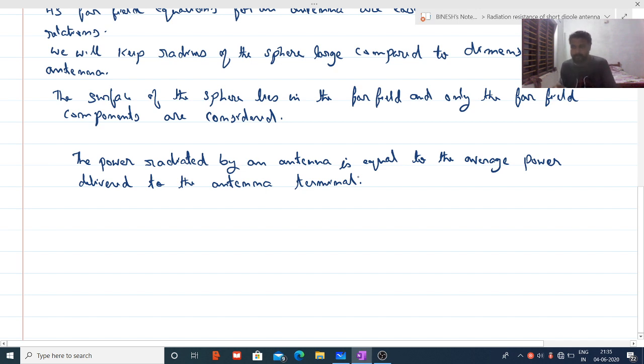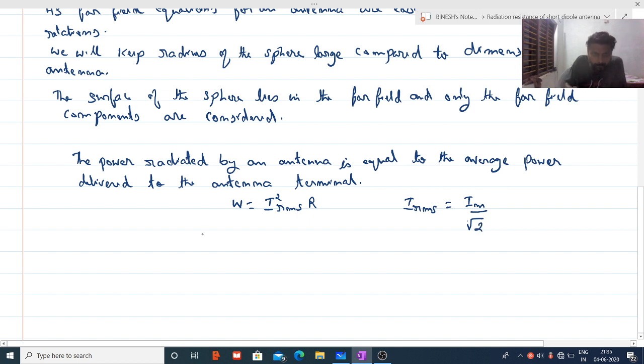That is clear. So which is nothing but that is given by W equal to, normally the power is given by, we will normally take it with the RMS power, that is I square RMS into R. So I RMS, already you know, is nothing but Im by root 2.